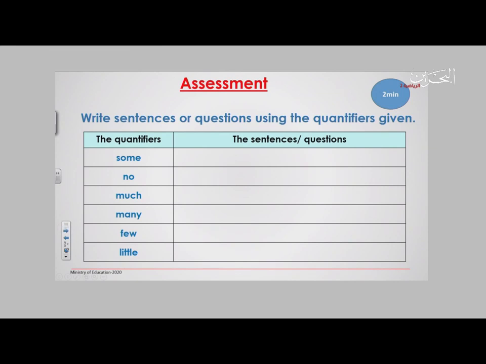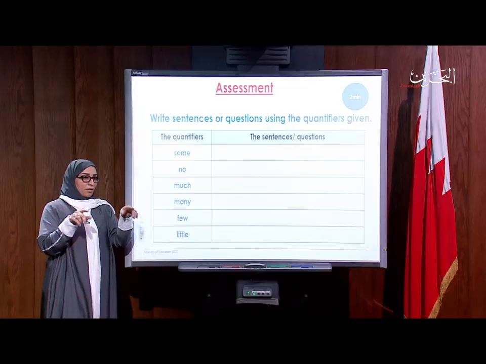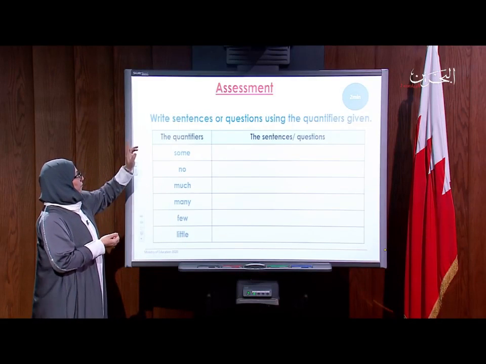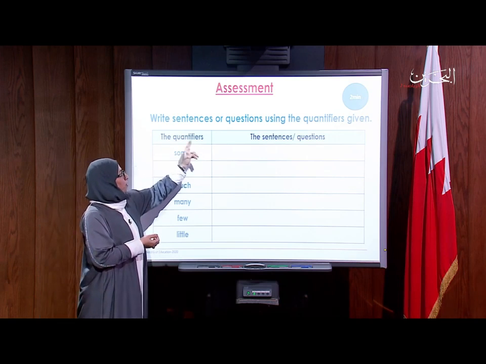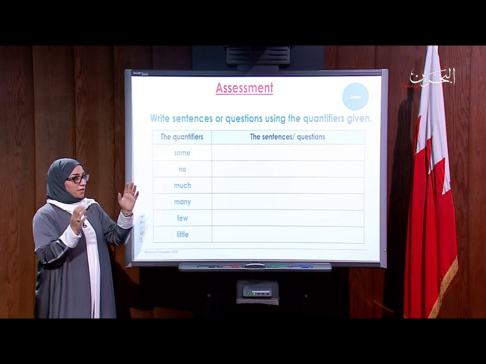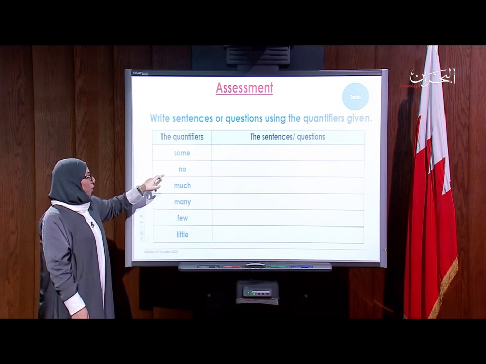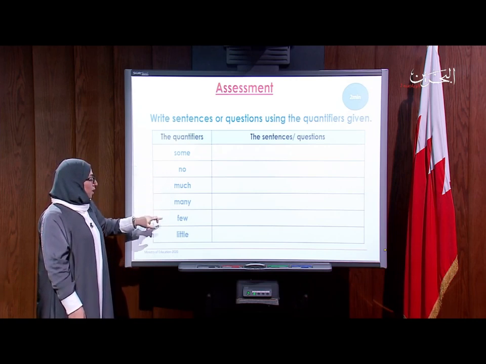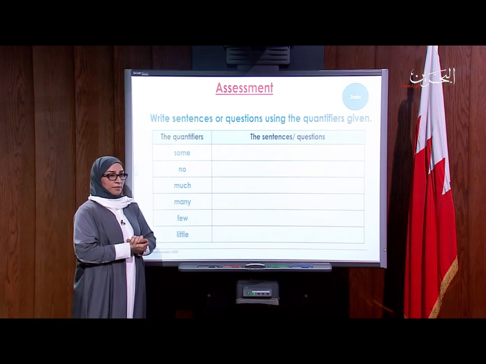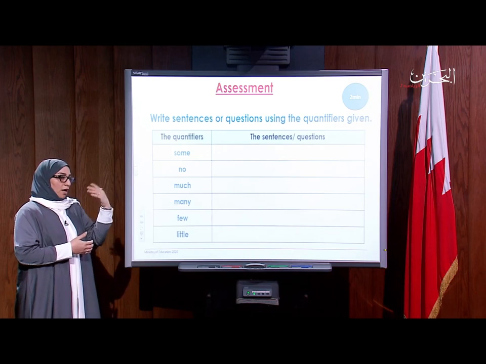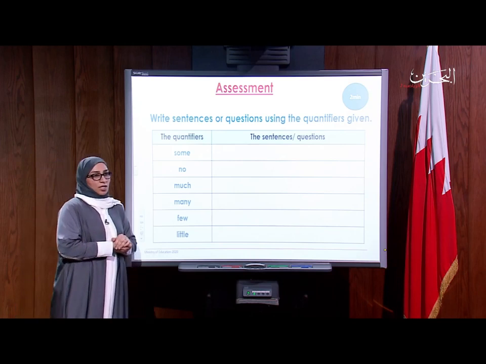You can do it as I did here in this slide as a table, or you can just write your own sentences. I want you to practice using all the quantifiers, but I give you here some examples. Some, no, much, many, few, little. You have 2 minutes to do this task before I click to check your answers.